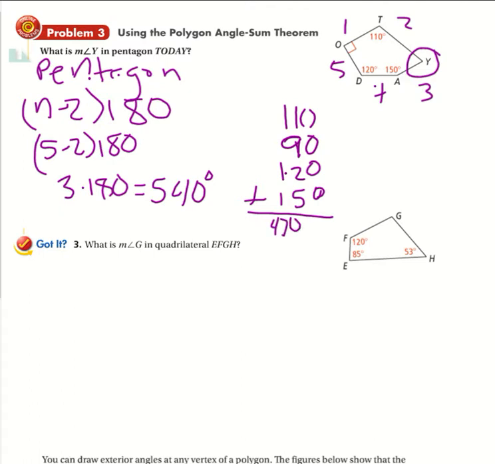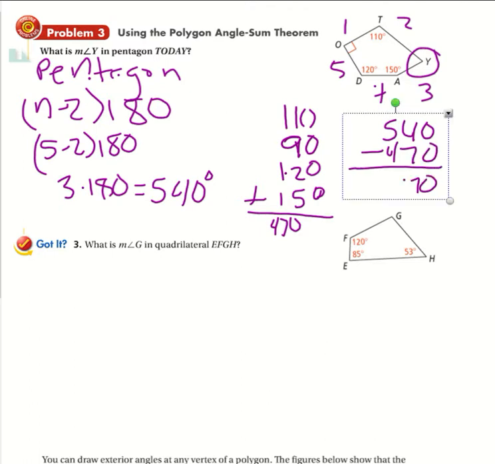So what's the difference between 540 and 470? We'll do 540 minus 470. What do you get? You get 70. So the measure of angle Y equals 70 degrees. And there you have it.